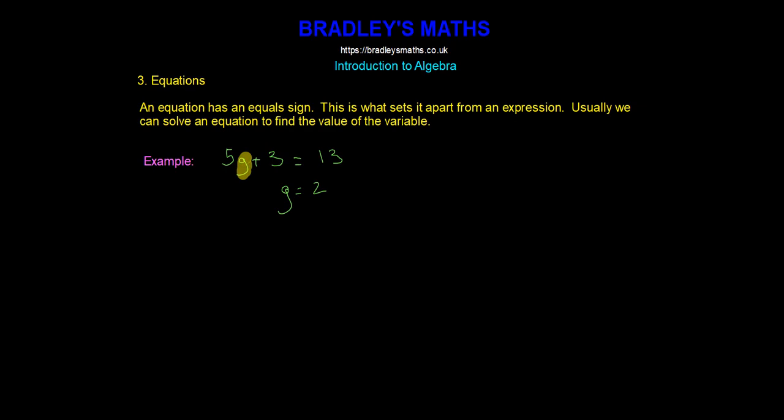Okay, so that is an equation. 5G plus 3 equals 13 is an equation, and this here is the solution to that equation. More about solving equations later in the course. That's enough on those for now.